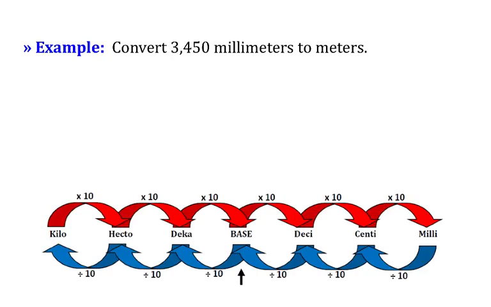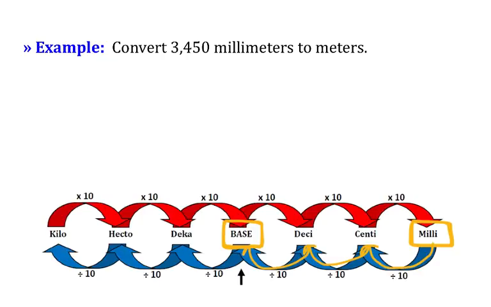I'd like to do 1 of each quantity that we measure, so we'll start off with a length example. Here we're asked to convert 3,450 millimeters to meters. This is a length conversion. I'm starting at millimeters, and I'm converting back to the base unit for length, which is a meter. This implies I am moving 1, 2, 3 steps to the left.